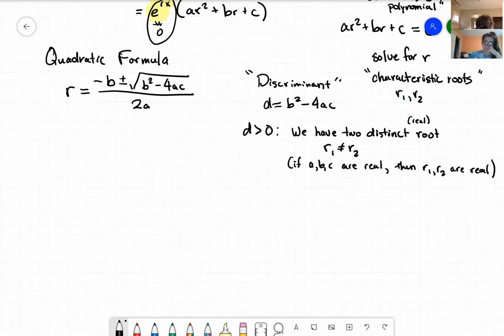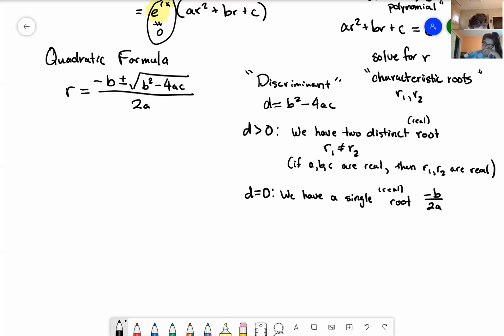Then we have the case where D is equal to 0. And in this case, we have a single, I'm going to put in parentheses real again. If these coefficients are real, then this will be a single real root, minus b over 2a.